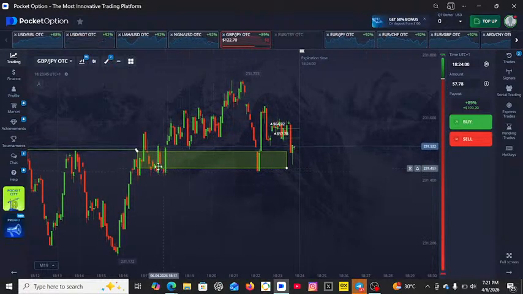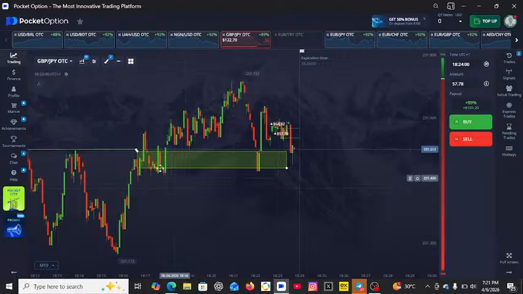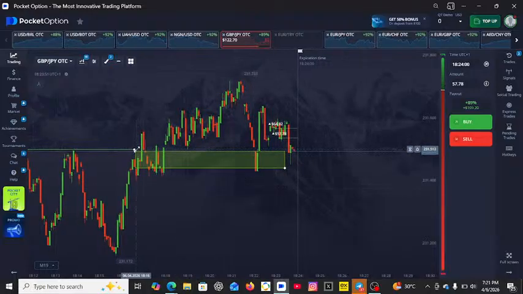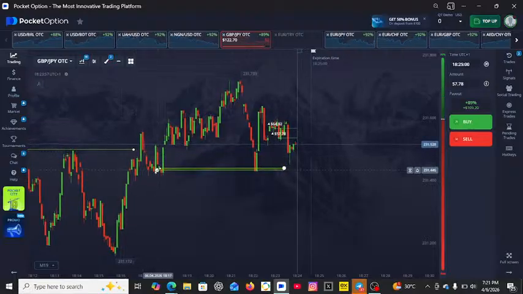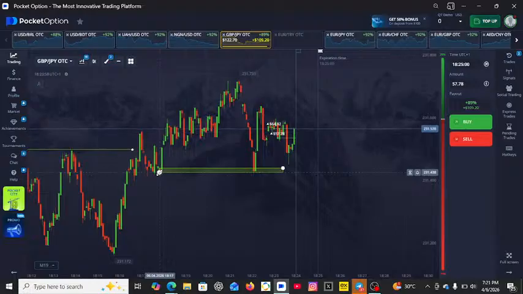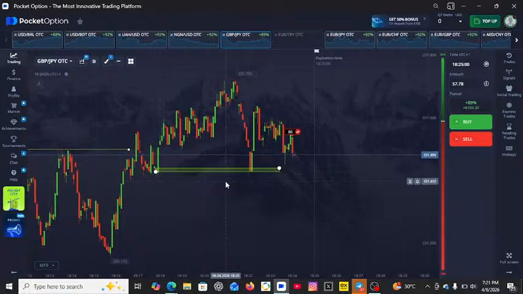Okay, you can see what made the price react. Look at this. There's a demand right here. Consider that what made the price push up.